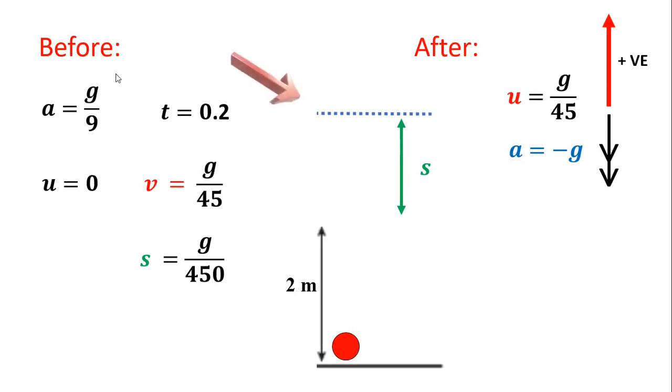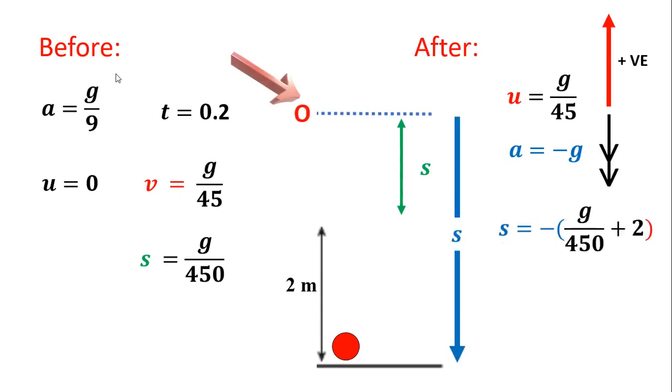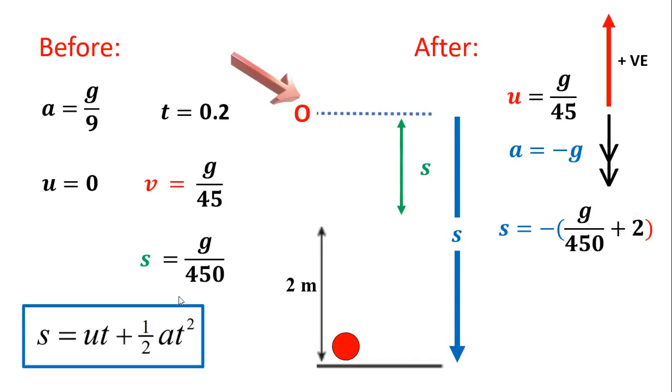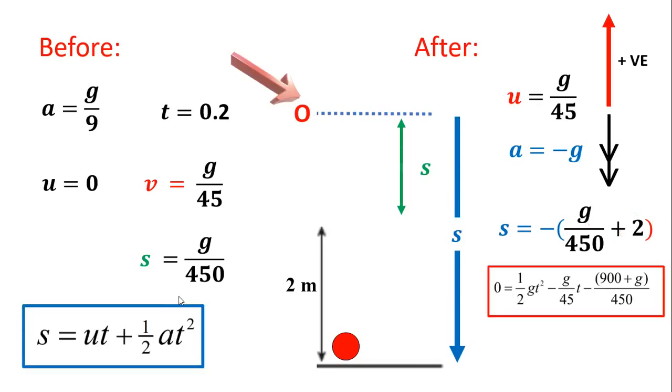We're going to say this, when the string breaks, is our zero displacement level. And from there, it would have descended a total distance of s plus 2 metres. But we know s. Therefore, using s equals ut plus half at squared, we can solve for t, which makes t to be 0.66.